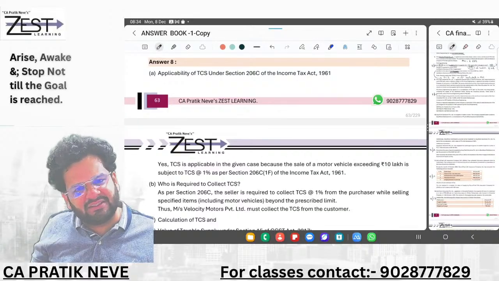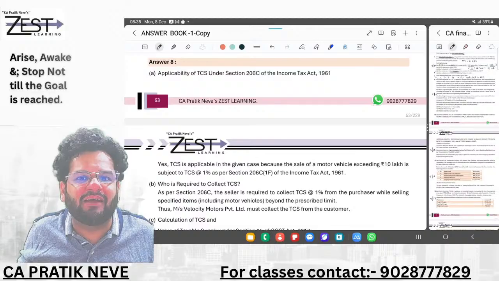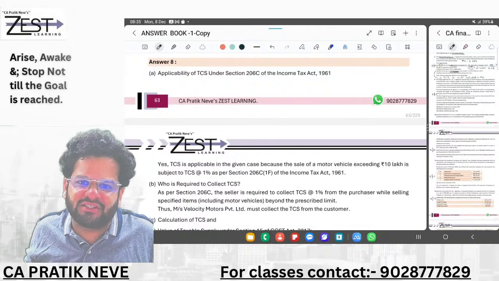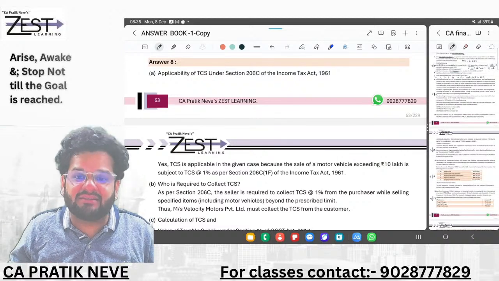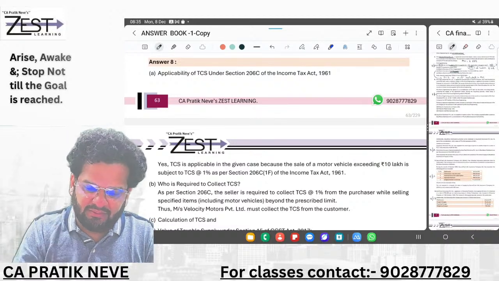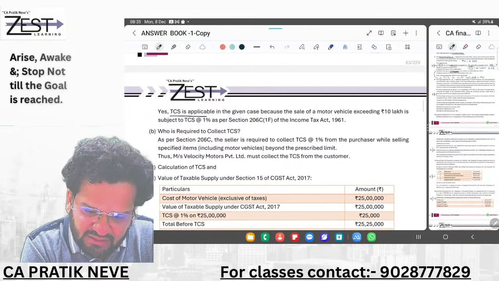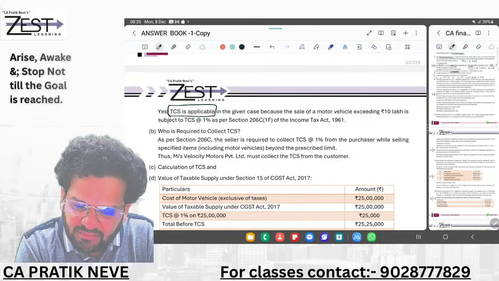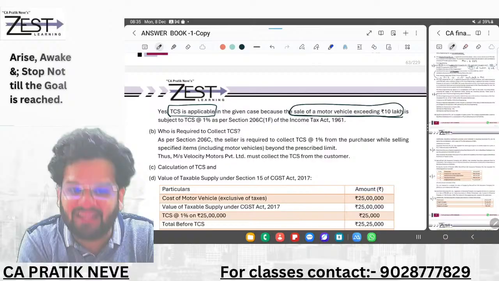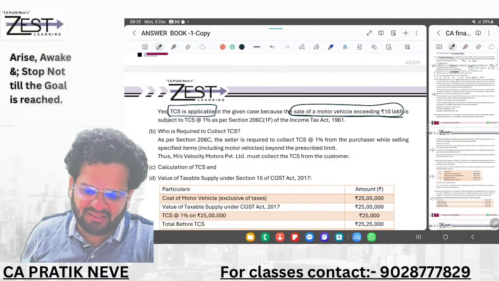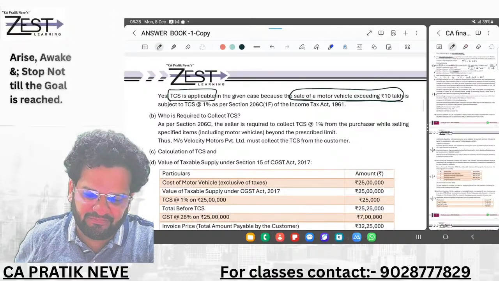Hence, the TCS should be excluded while calculating assessable value under GST. Okay, it is clarified by CBIC. Now see, applicability of TCS. Yes, TCS is applicable in the given case because sale of motor car vehicle is exceeding rupees 10 lakhs. Is it clear, Nimmiji? This is very important.